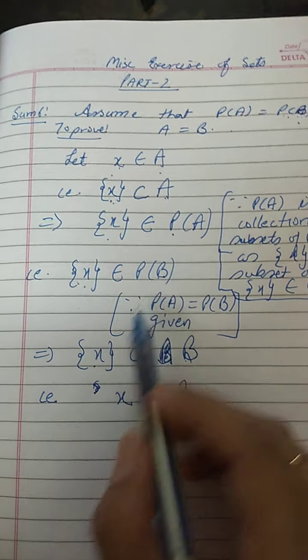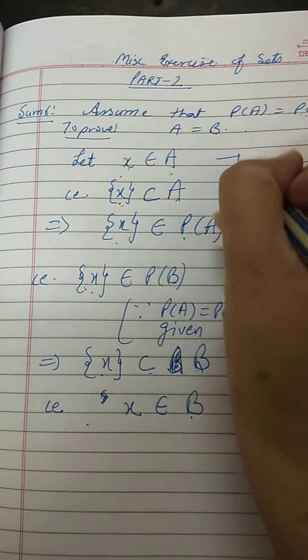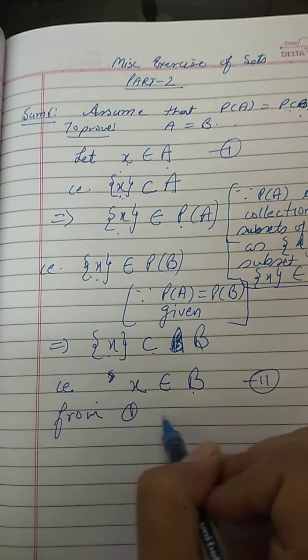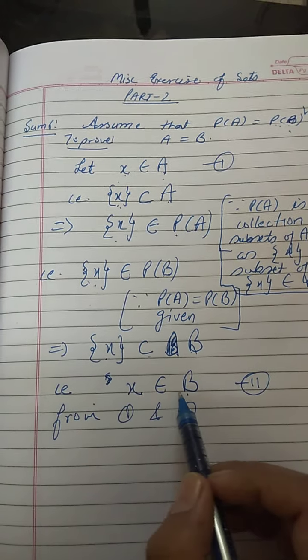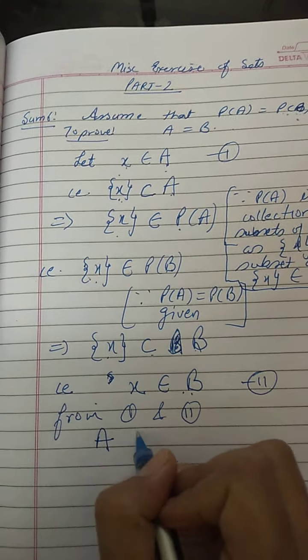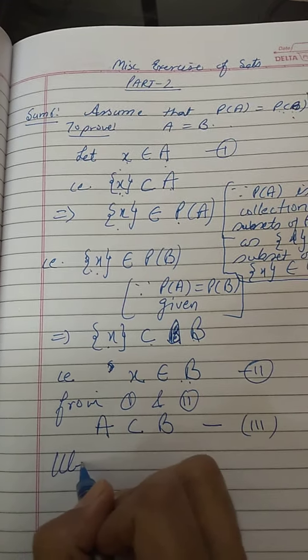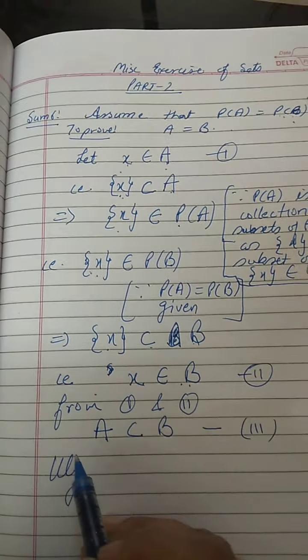If this belongs to power set of B, that means this is a subset of B. It means X belongs to B. If I mark it as 1 and this as 2, from 1 and 2 we conclude that we started with X belongs to A, and we have achieved that X belongs to B. So A is a subset of B, and we mark this as 3. Similarly, we will now prove that B is a subset of A. If I prove B is also a subset of A, that means A will become equal to B.